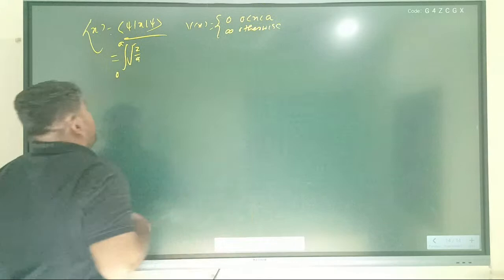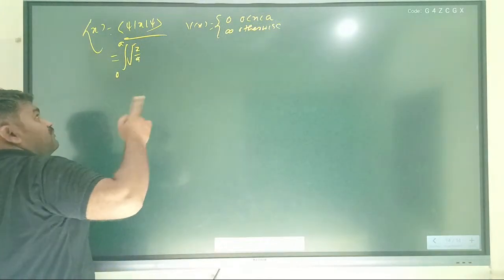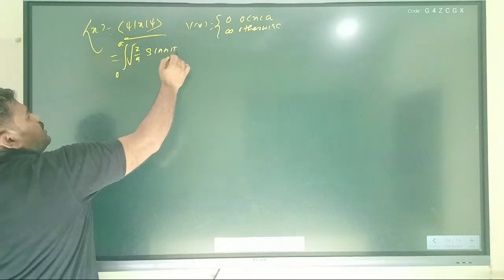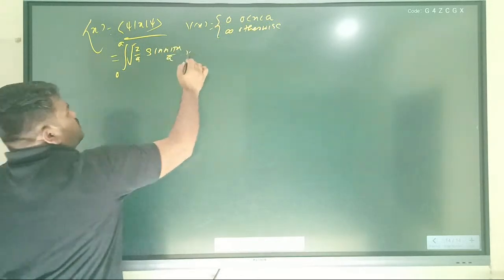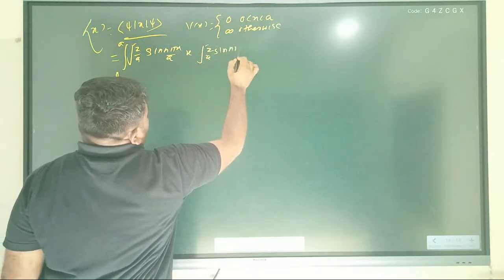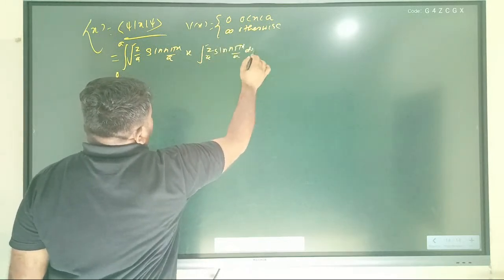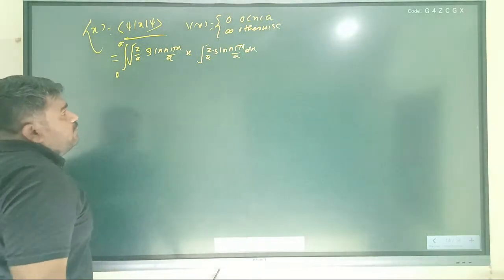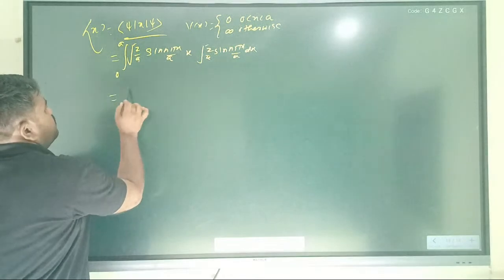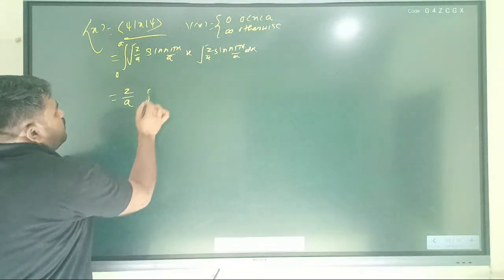Clear? Now what is the psi star? This is a real function, so psi star will be sin n pi x upon a, x into root 2 upon a sin n pi x upon a into dx. Clear? Now root 2 upon a we can take common out, but this becomes 2 upon a, limit 0 to a.